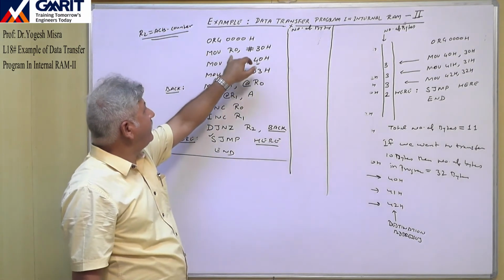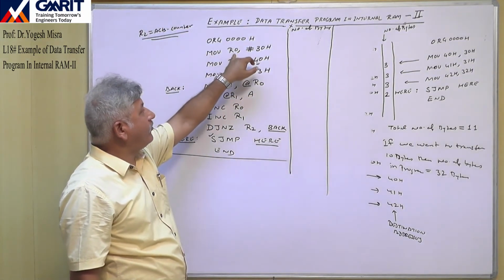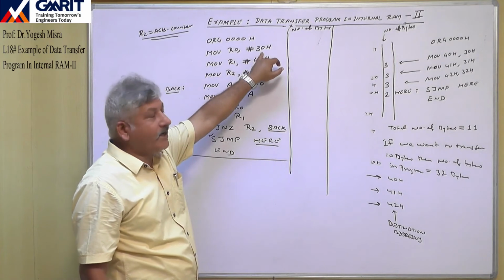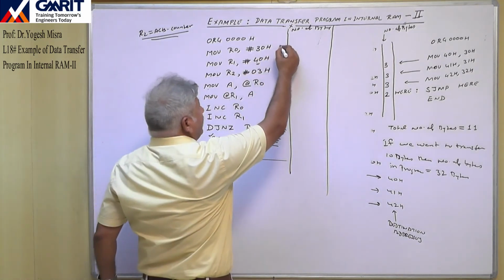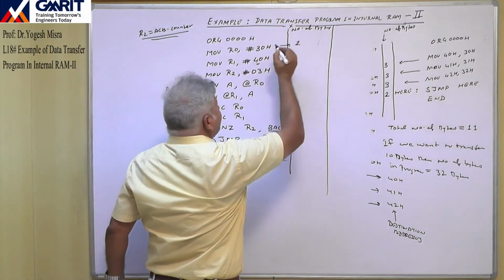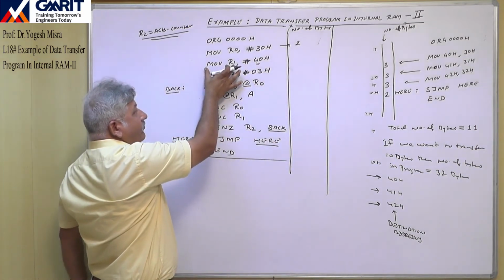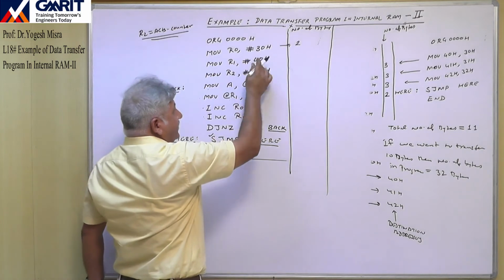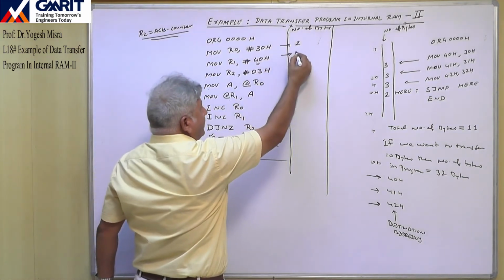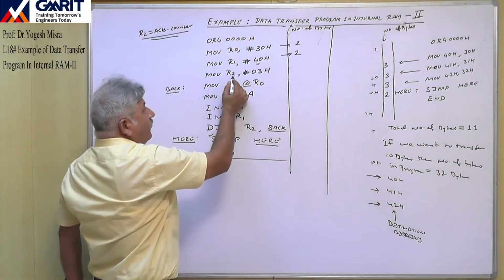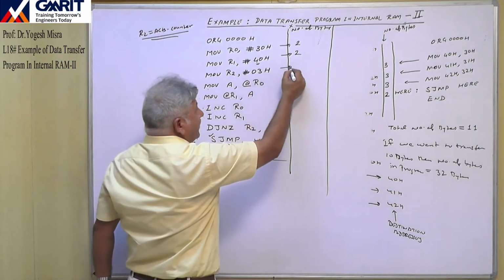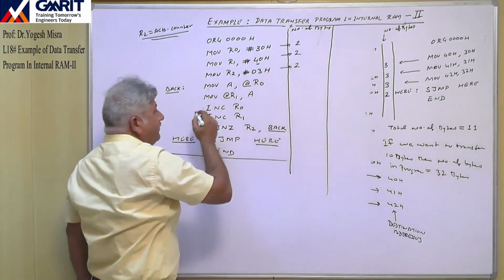There is 1 byte for the MOV R0 opcode and 1 byte for this data. So this is a 2 byte instruction. MOV R1, there is 1 byte for the MOV R1 opcode and 1 byte for this data. That's why this is a 2 byte instruction. MOV R2, #03H, again this is a 2 byte instruction.